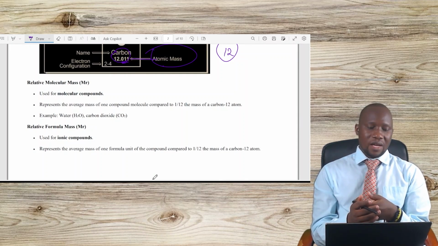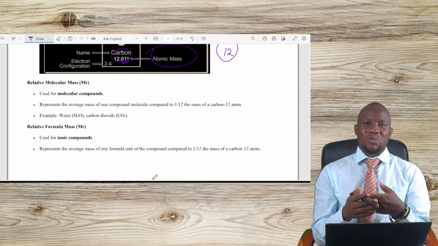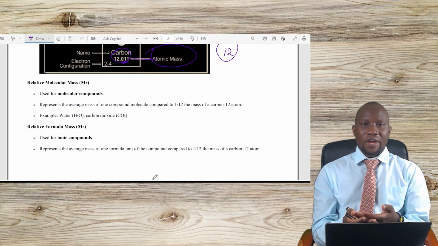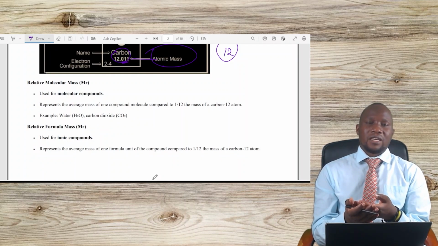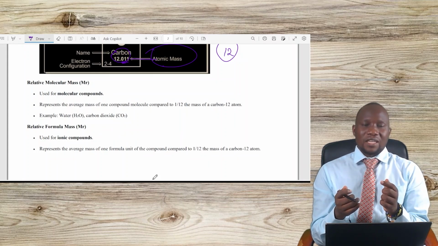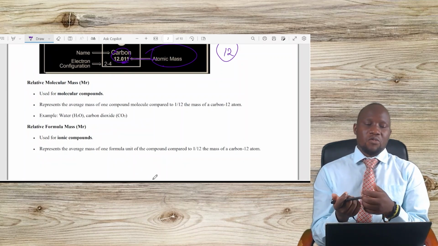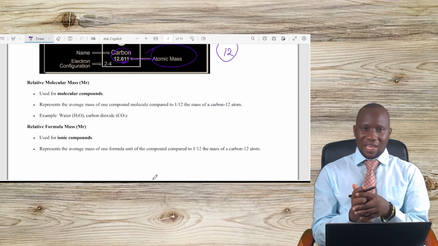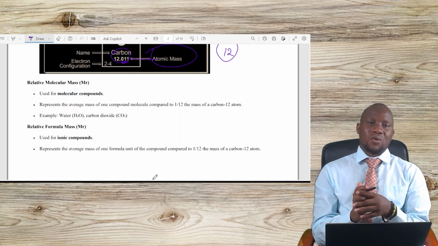So it is more correct to say that I want to calculate the relative molecular mass of water. If you say I want to calculate the relative formula mass of water, you cannot really be penalized as such, okay?